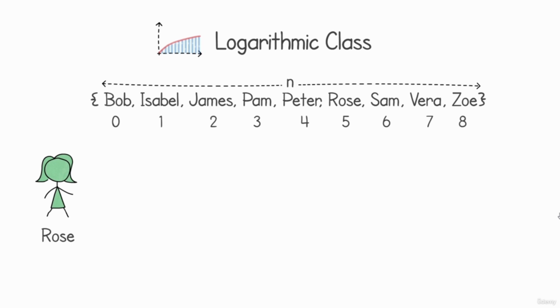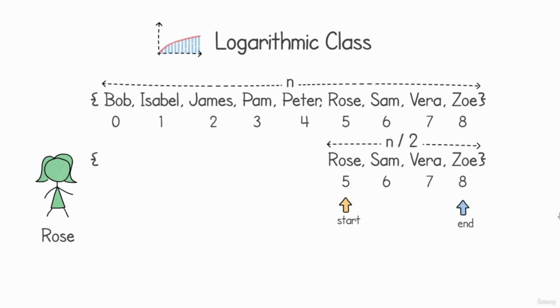The size of our problem space is dictated by the pointer's position. Initially, the start and end pointer are on the first and last item of our input, so this is why initially our problem space is of 9 items. So once we compute the middle pointer and then we move the start pointer to the next item after the middle pointer, our problem space goes down to just 4 items.